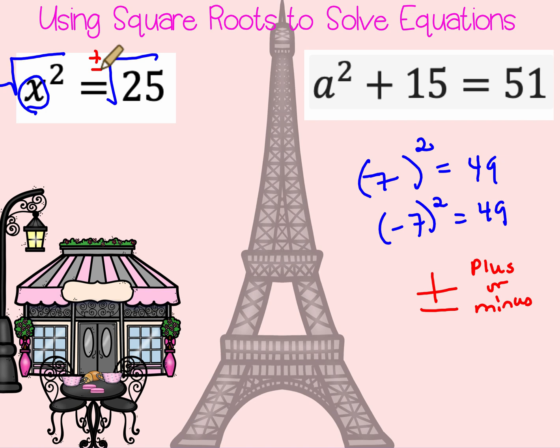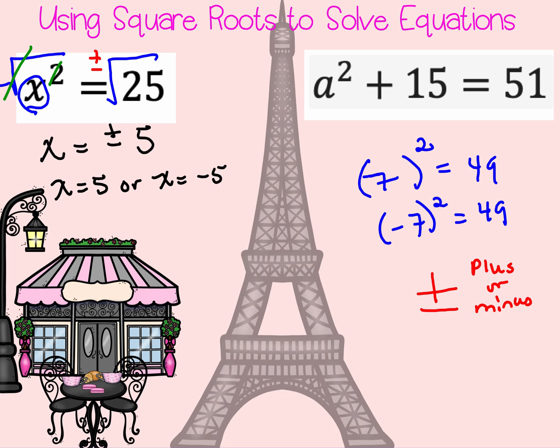The square root of x squared is just x. The square root cancels the squaring. So that leaves me x by itself, plus or minus the square root of 25, which is 5. So that means x is 5 or x is -5.